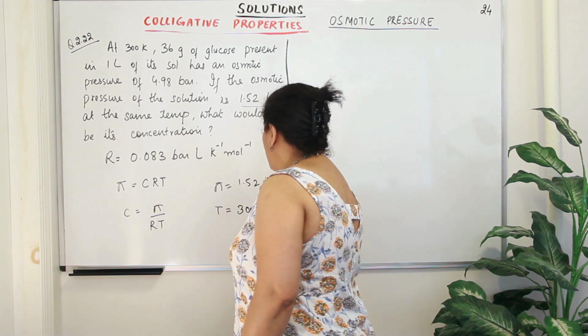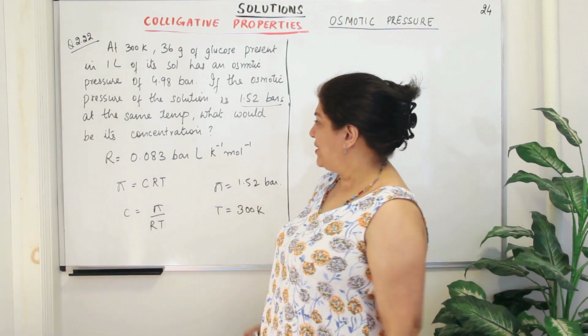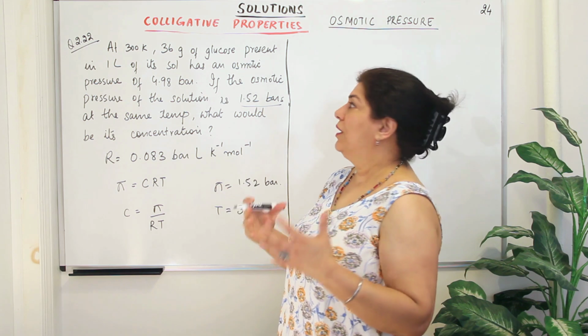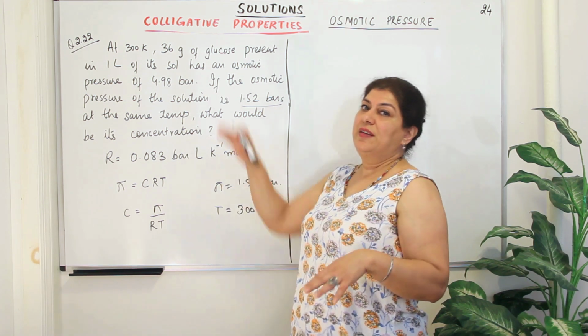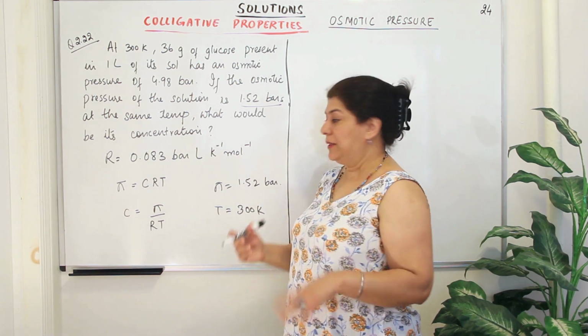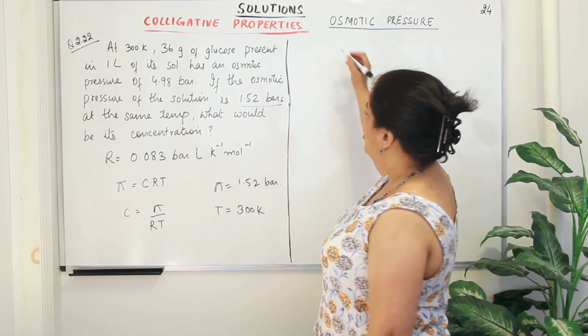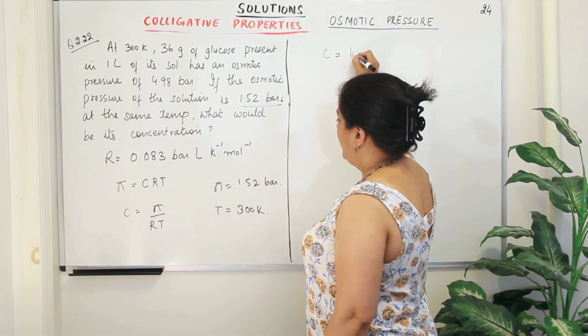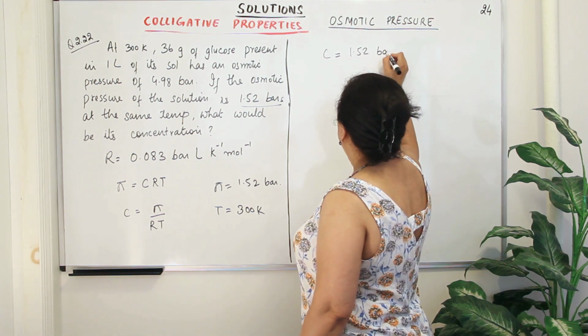300 Kelvin. This is a very simple, straight question with a little confusion that has been put in the beginning, so that if there is a chance of error, that is where you might make a mistake. Otherwise, it's a simple calculation. Now you have to calculate C. All other values are given to you. Pi is 1.52 bar.